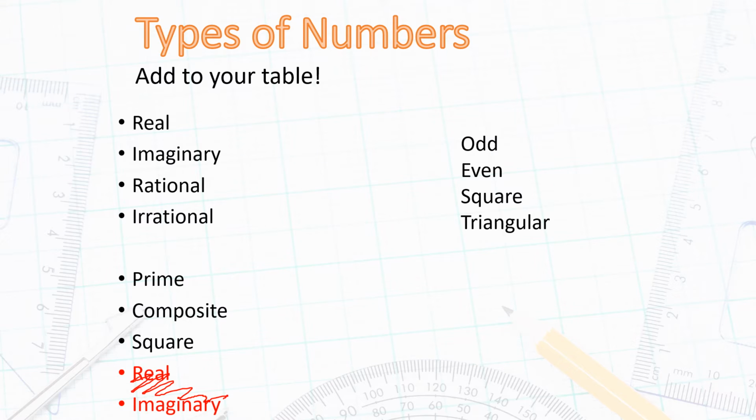Odd, even, square, and triangular numbers. So a real number exists in the real world. So it's something you can see, feel, touch. Imaginary numbers, you cannot. So we see imaginary numbers popping up a lot in things to do with electricity and physics and a couple of other kind of abstract areas like that.